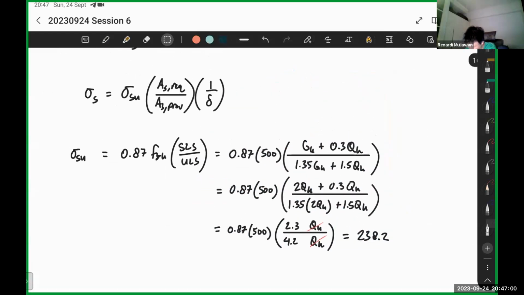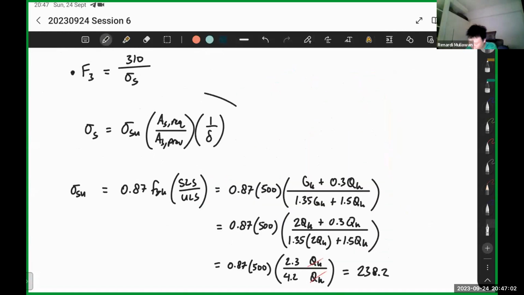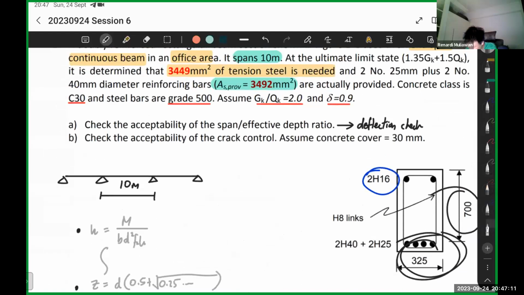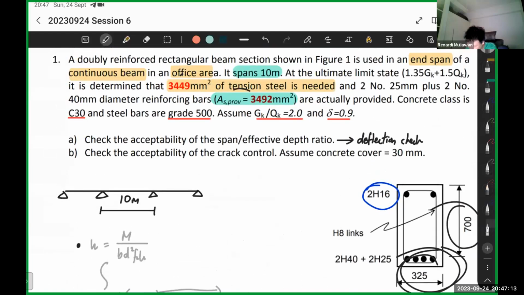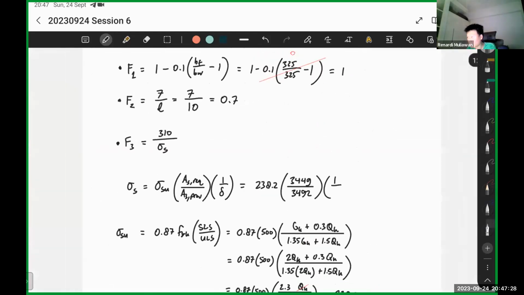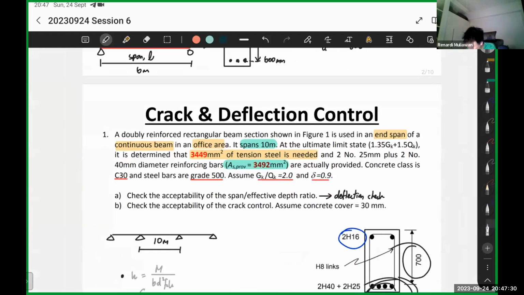Okay. So now you have the sigma SU. Let's go back to sigma S. So sigma SU just now is 238.2. And you have AS required, which just now is 3449, divided by AS provided 3492. Then you multiply by 1 divided by delta. In this case, do they give delta?